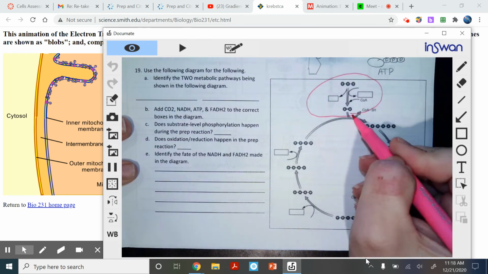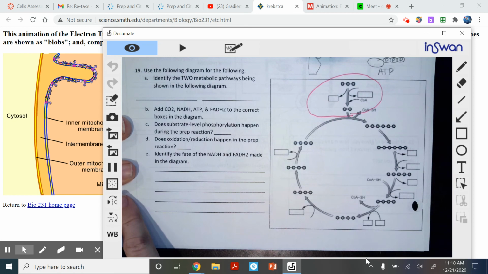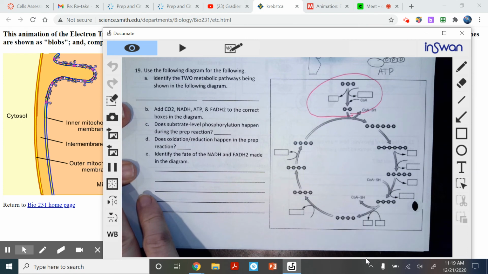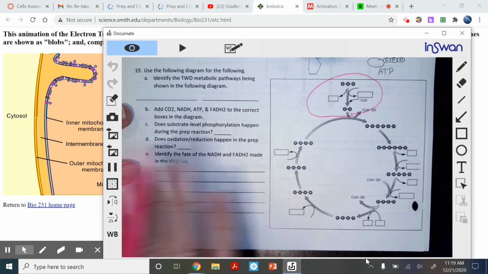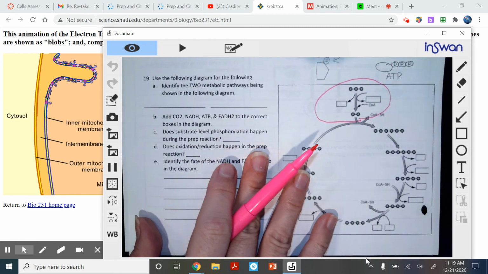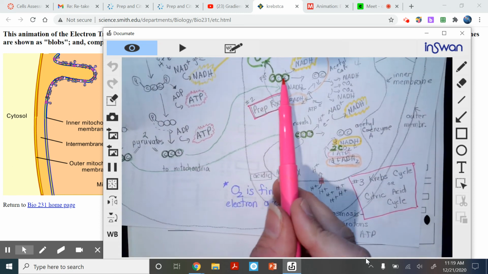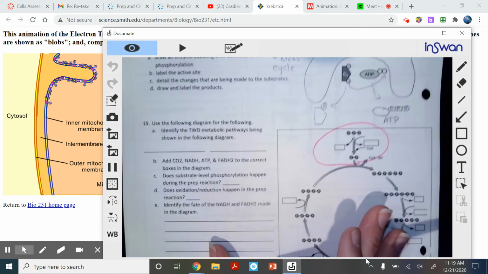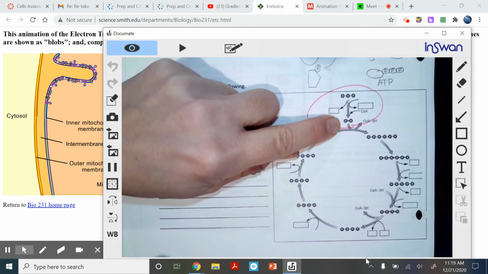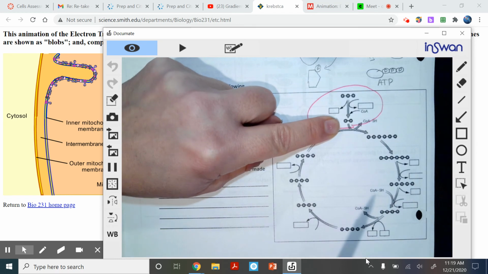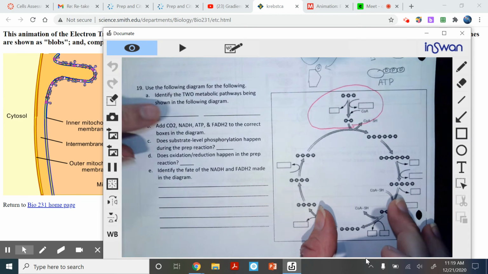Do you recognize that? So what is that step of respiration called? Thank you. So we just diagrammed it a different way, but notice we went from 3 down to 2. We were prepping a molecule, which means we're getting this molecule ready so it can then be used to generate some ATP. And then obviously this is the Krebs cycle, the next metabolic pathway.